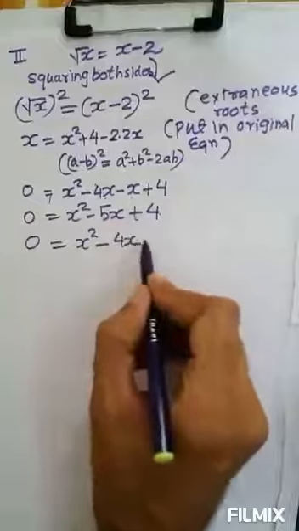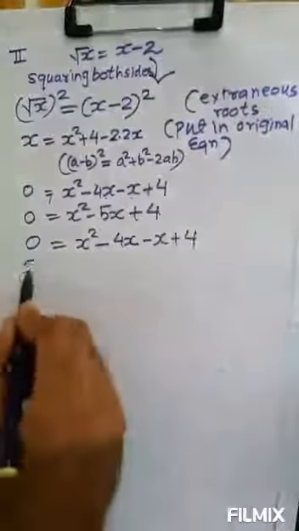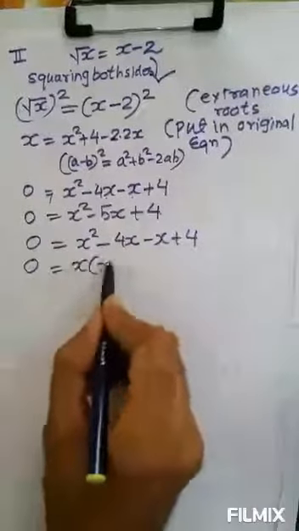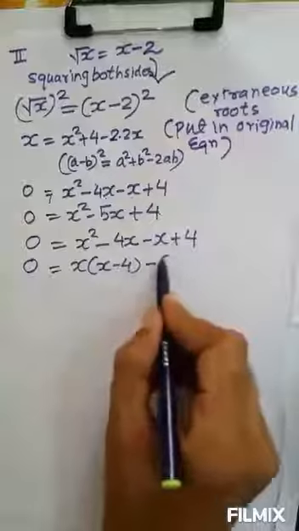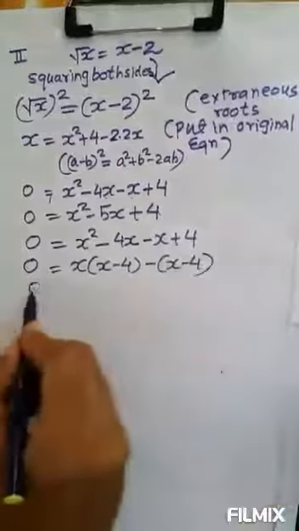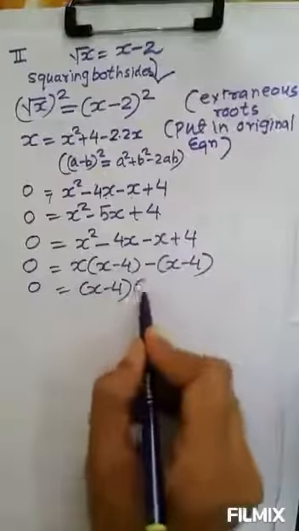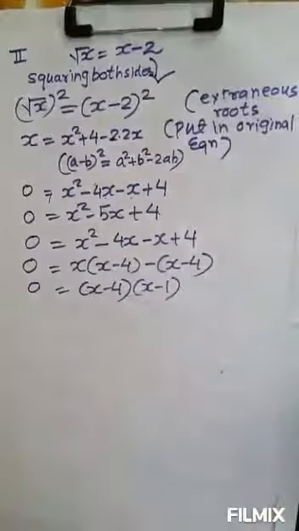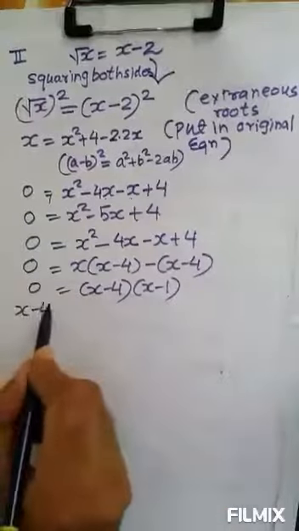So minus 5x is written as minus 4x minus x. Now we take x common from the first two terms, and from the last two terms we take minus 1 common. We are left with x minus 4 common, and x minus 1 also comes. So we get two factors.